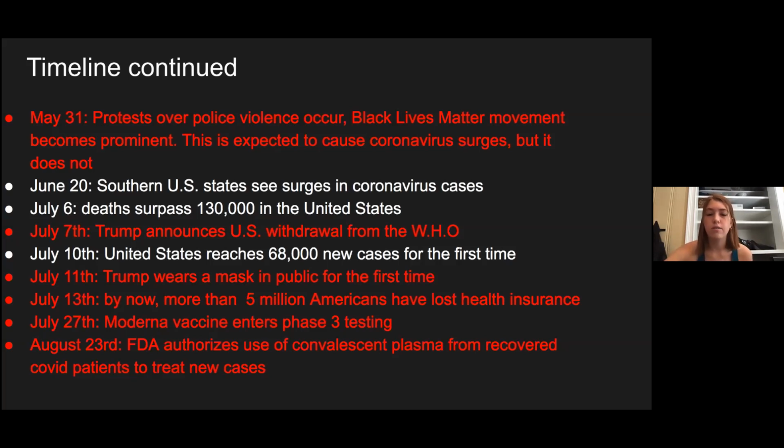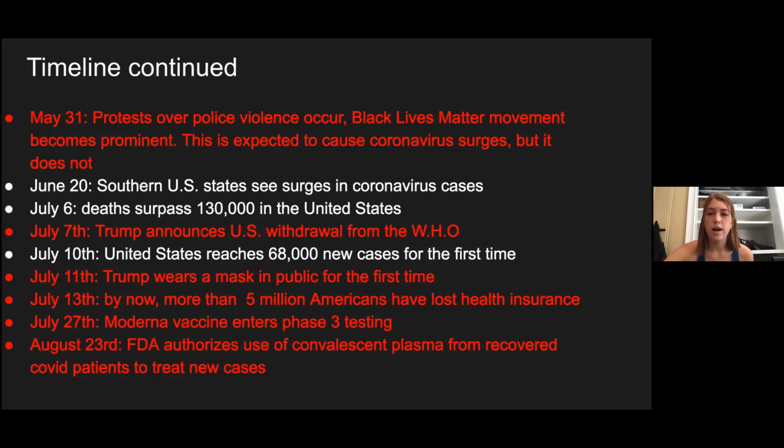Then July 11th was when Trump wore a mask in public for the first time. And I thought that this date was interesting to note because obviously it was so delayed, which shows the lack of action from prominent political figures. It also contributes to the idea that when political figures aren't setting a good example, other people aren't really going to follow proper safety protocols.